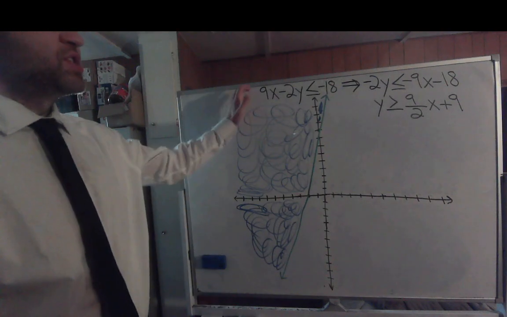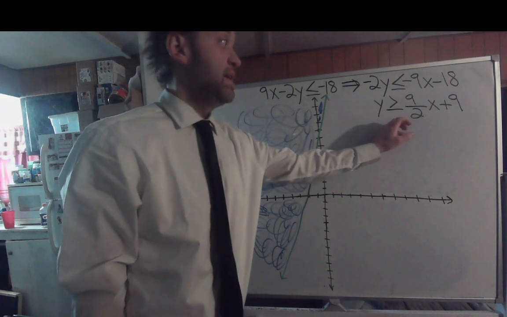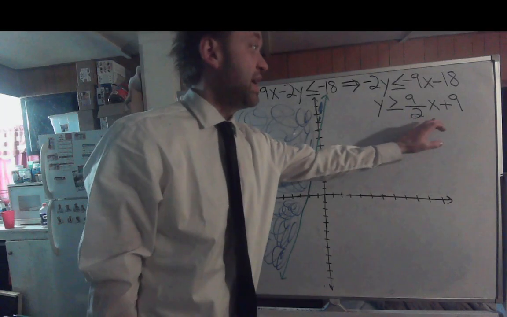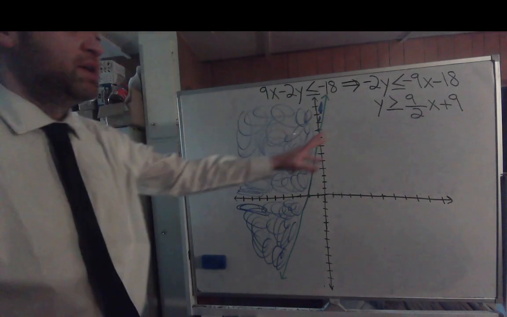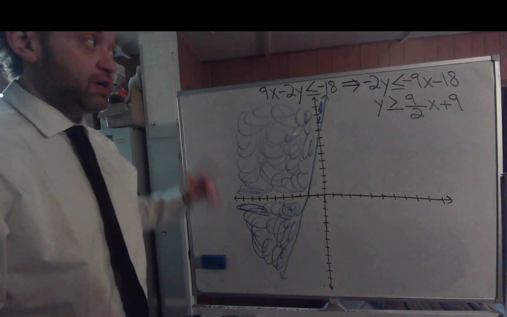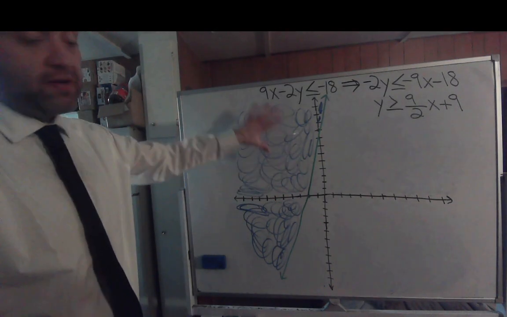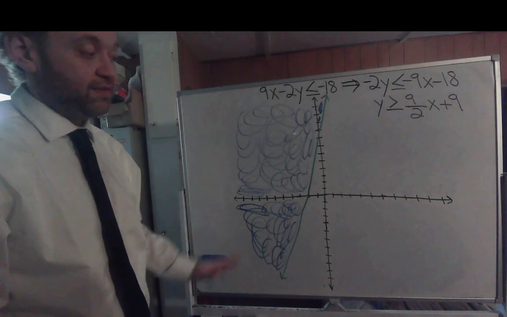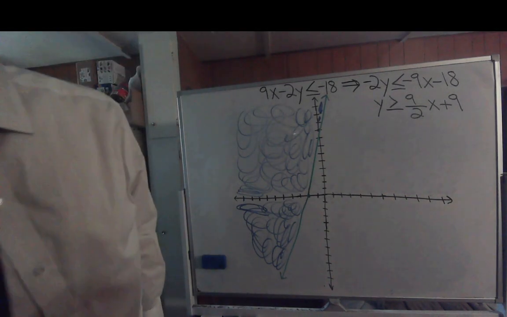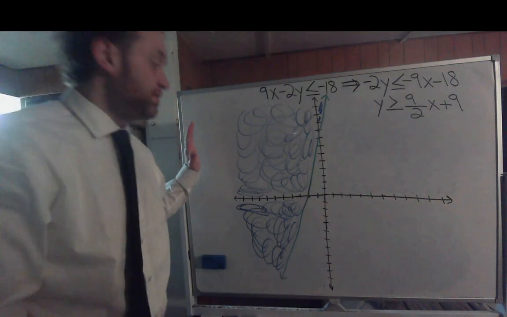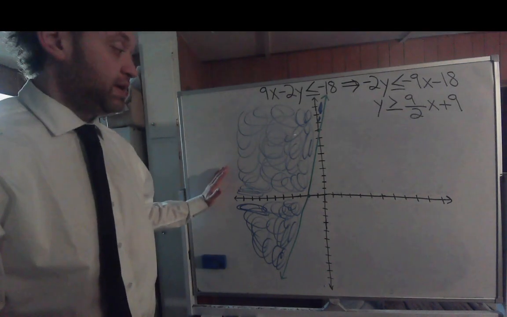And since this turned into y is greater than or equal to 9/2 x plus 9 in slope-intercept form, you shade everything above the line, which is going to look a little to the left of it in this case. So that is the graph of this linear inequality.